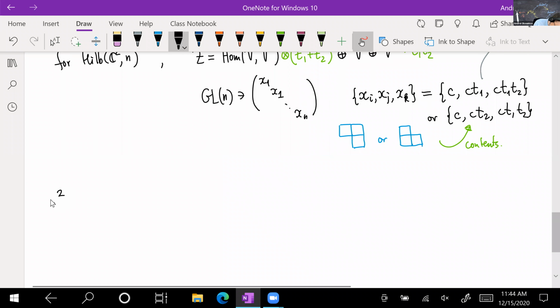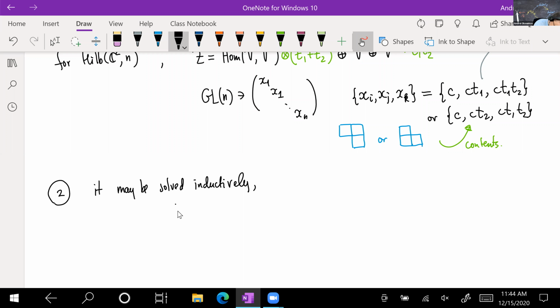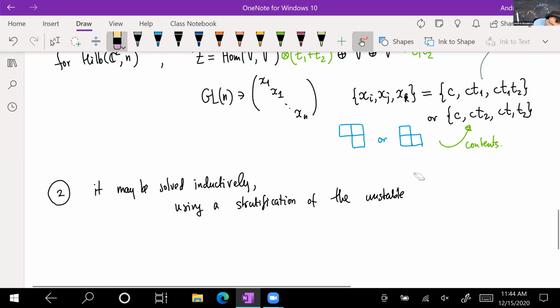Second, number 2 is that it may be solved inductively using stratification of the unstable locus discussed last time.